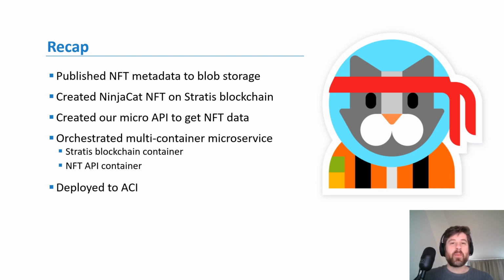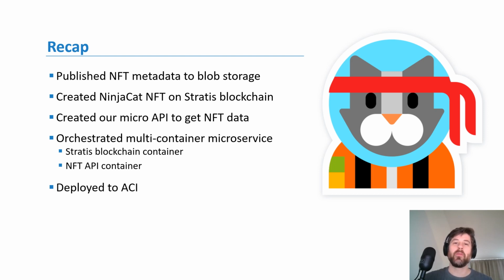So just to recap everything we've done today, which is quite a lot, we have created this magnificent piece of digital art, NinjaCat. And then we've turned NinjaCat into a digital collectible and published the image and the metadata about it to Azure Blob Storage, where we know it will exist as long as we want it to. Then we've created an NFT smart contract which contains a reference to this metadata, and we've published this NFT to the Stratis blockchain.